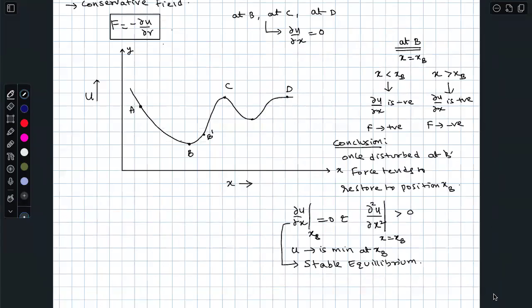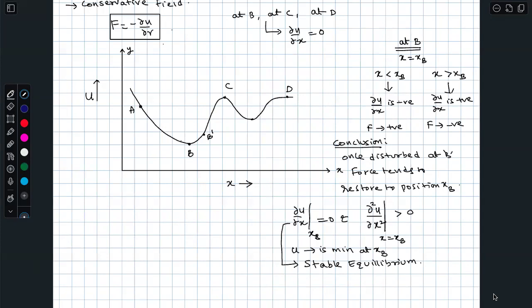Are we clear? At X is equal to XB is where I am working. So what is the condition that you need to notice in stable equilibrium? At that point, dou U by dou X is equal to 0 and dou square U by dou X square is greater than 0. This is the fundamental condition.